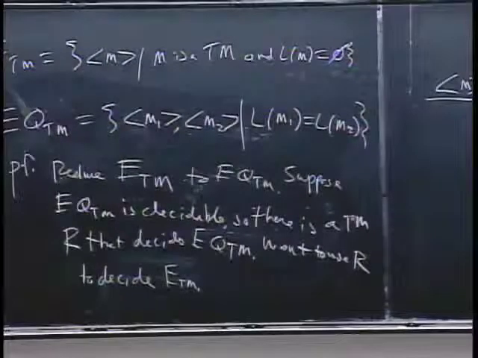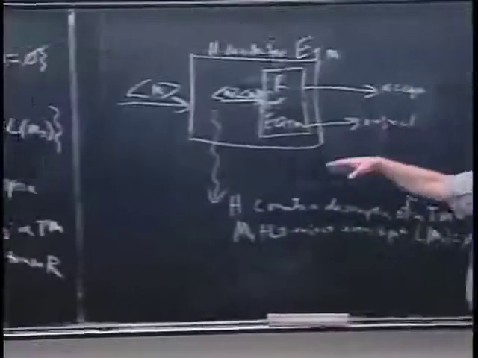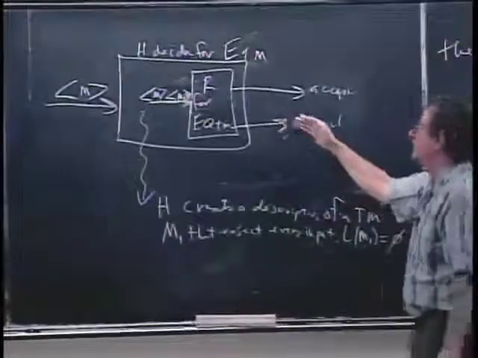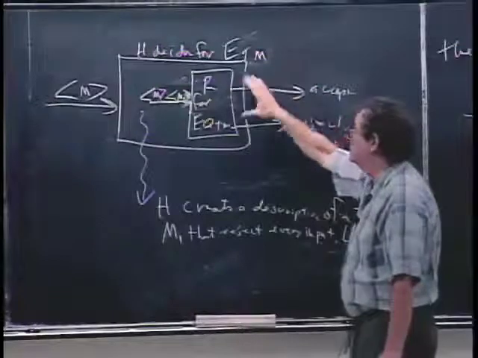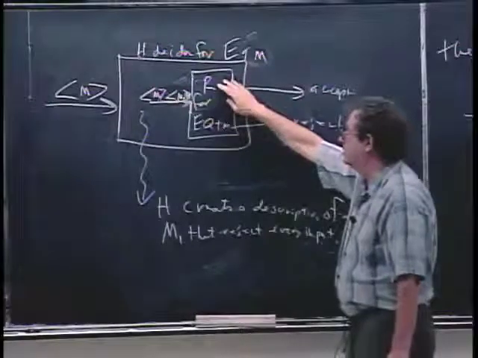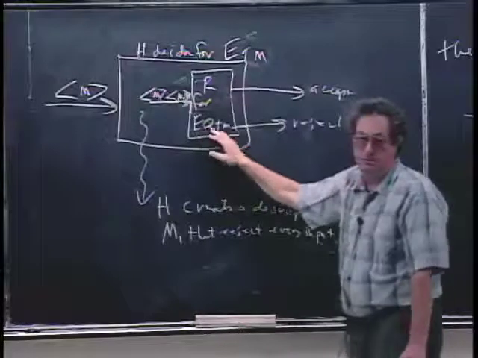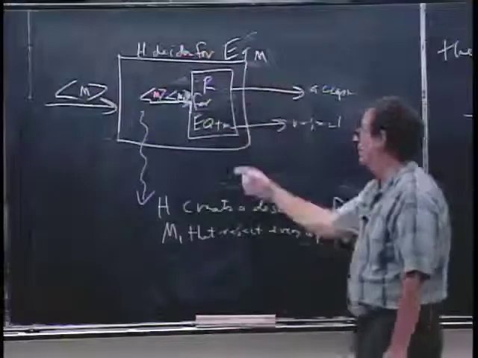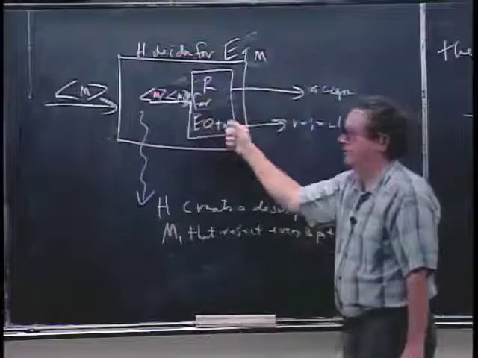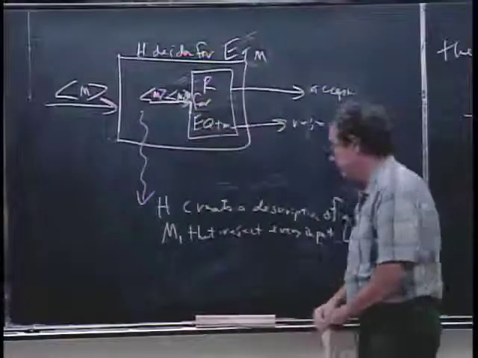And now we have a description of a Turing machine H that can decide ETM, provided that there's a Turing machine R that can decide EQTM. Since we know that ETM is undecidable, it then follows that EQTM is undecidable. Okay?